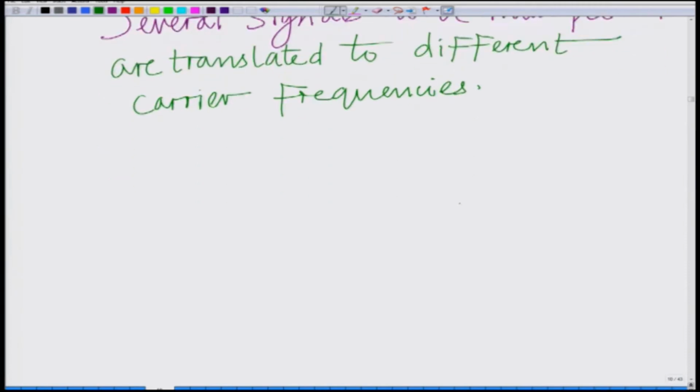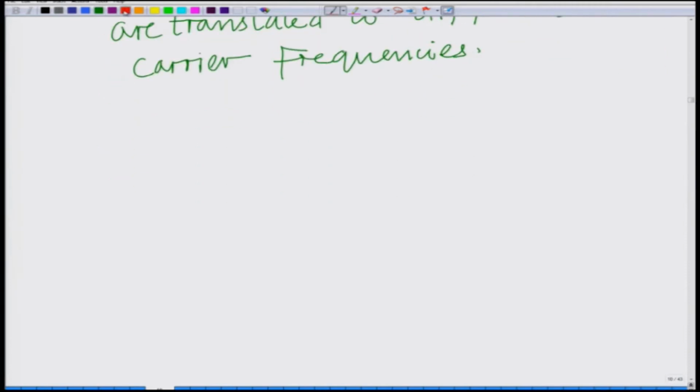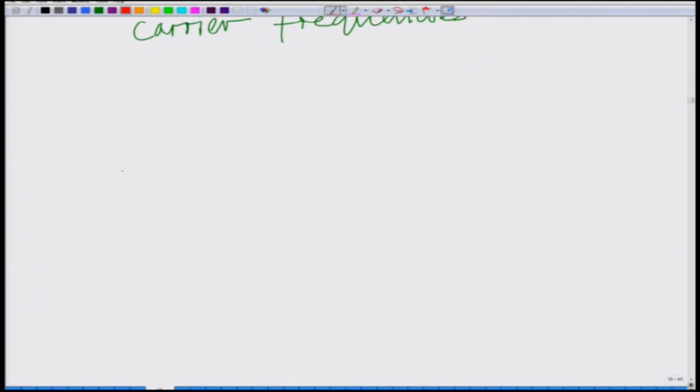For instance, let us consider a simple example. Let us say I have these 3 different signals, with spectrum M1F. Let us say this is the spectrum of signal M1(t).